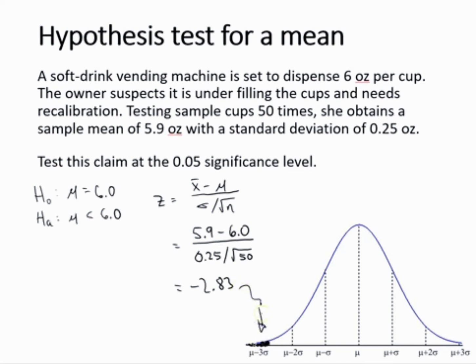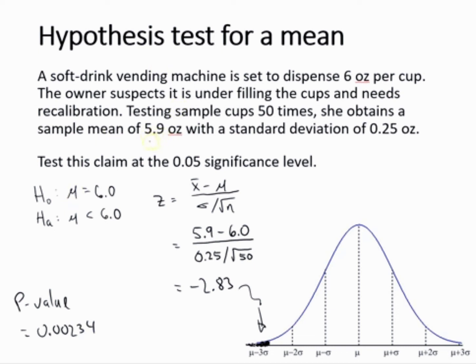So our test statistic is a z-score. It's a position in our normal distribution there. And we were just looking for the area of that tail. That's our p-value. And it was 0.00234.